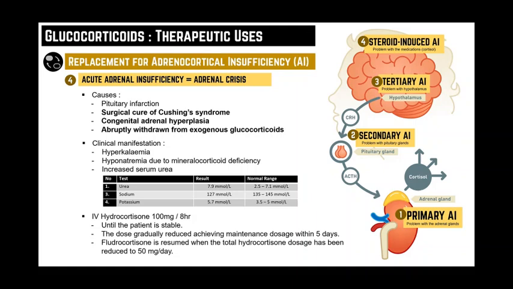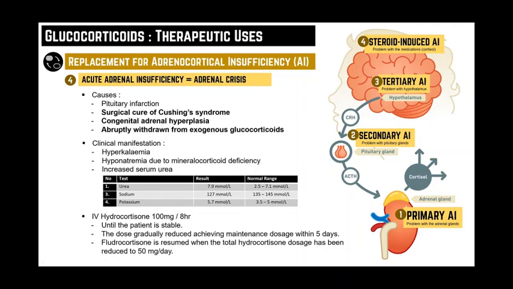The biochemical features of adrenal crisis include hyperkalemia, hyponatremia, and also increased serum urea levels. Hyperkalemia is a term where the potassium level in our body exceeds the normal range, which is 5 millimole per liter. Same goes to hyponatremia. Hyponatremia occurs because of two factors.